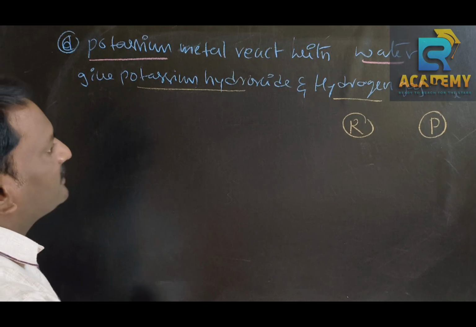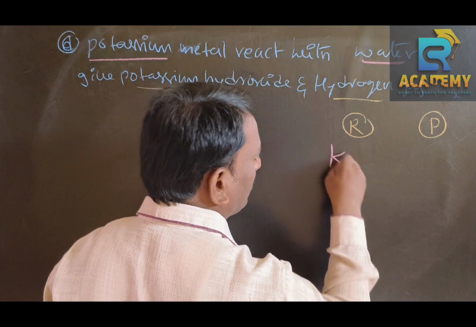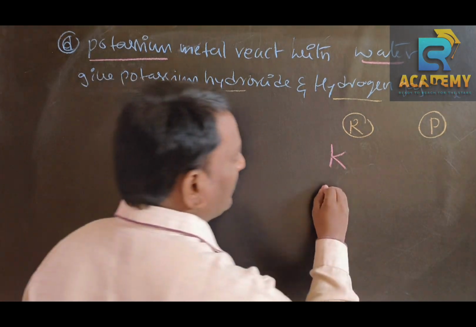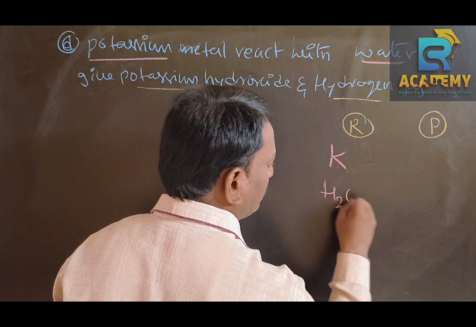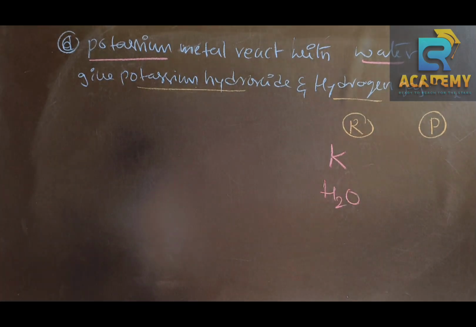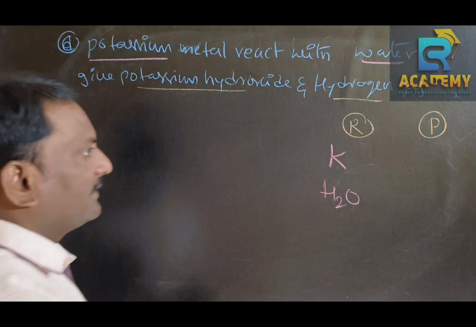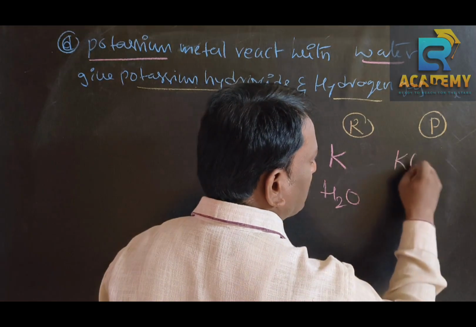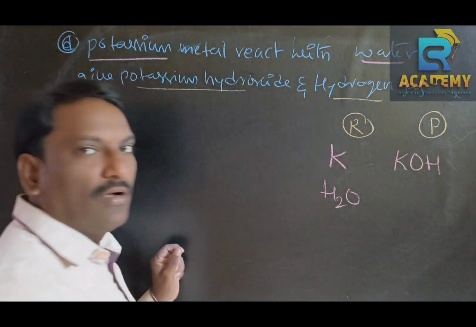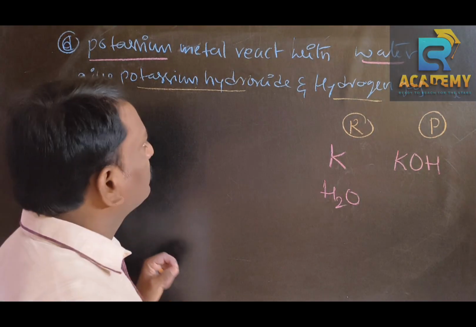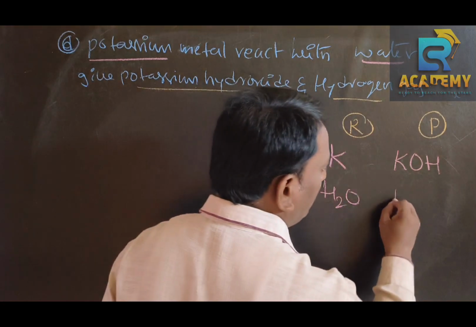Reactants: potassium metal, symbol K, and water, chemical formula H2O. Products: potassium hydroxide KOH, also called caustic potash, and hydrogen H2.